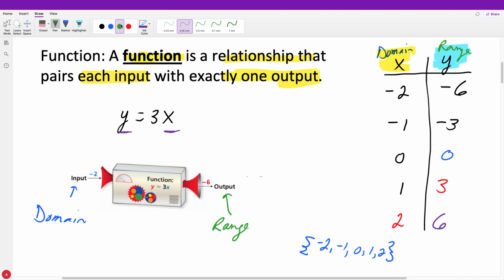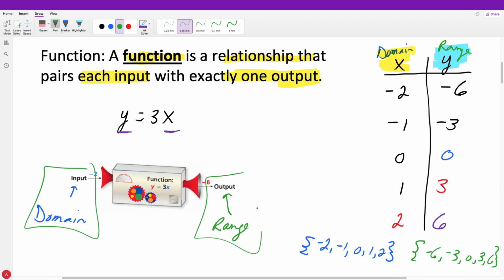And our range would be -6, -3, 0, 3, and 6. So our range is our y values and our domain is our x values. All right, so we can also just say our domain is our input and our range is our output. Those are some of the things that you need to know about this.